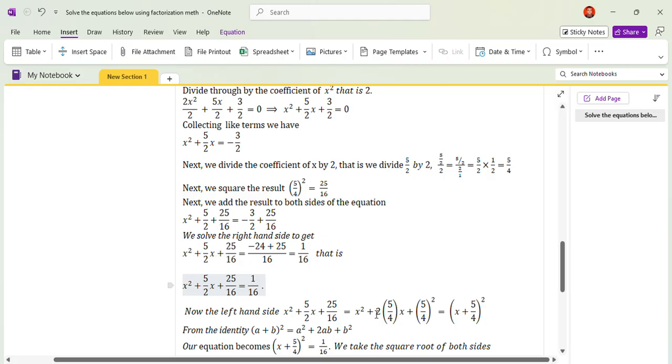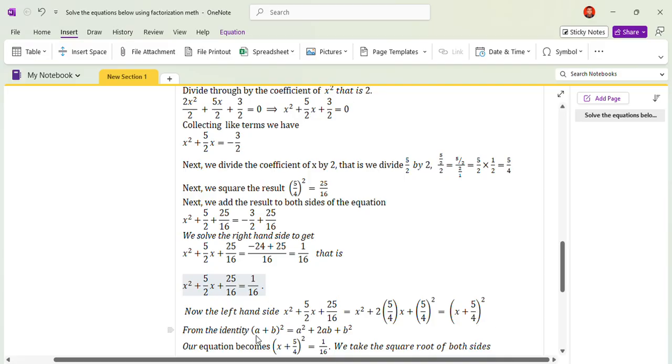So this expression is actually x squared plus 2 times 5 over 4x plus 5 over 4 squared. This 25 over 16 is actually 5 over 4 squared. So you can see this is A, this is B, which will give us x plus 5 over 4 squared.